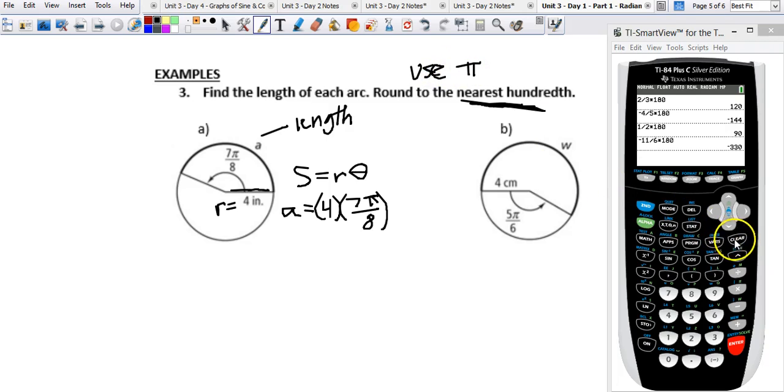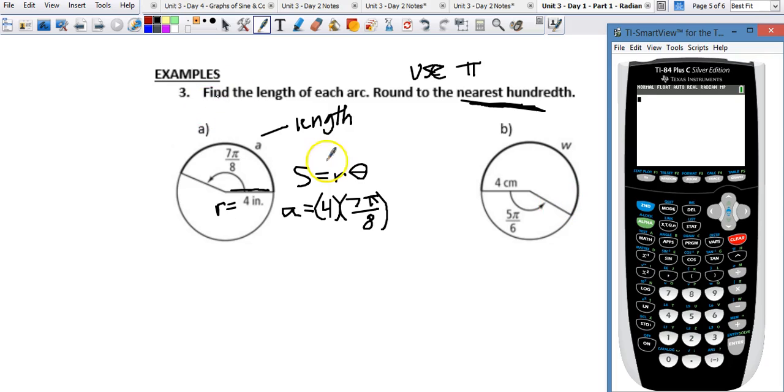So we're going to go to this calculator, and we're going to type in pi to figure out about how long that is. So we're going to do 4, and let me just put it in parentheses so we can group them together. That's 7 pi divided by 8. Radius times radians. And that's about 10.99557.